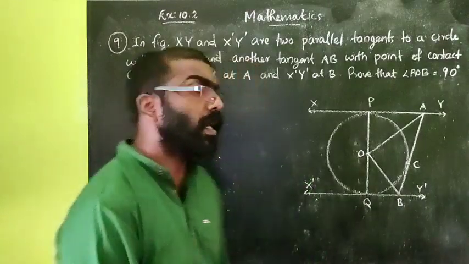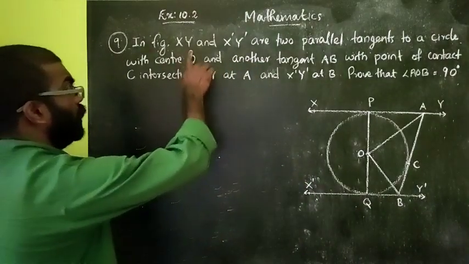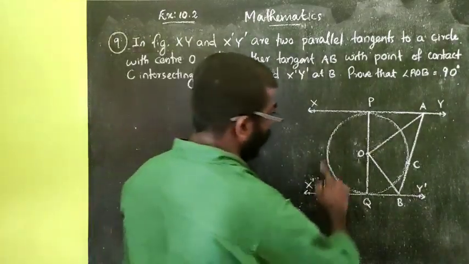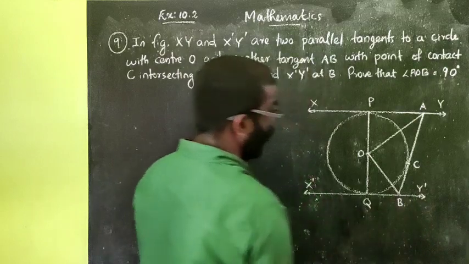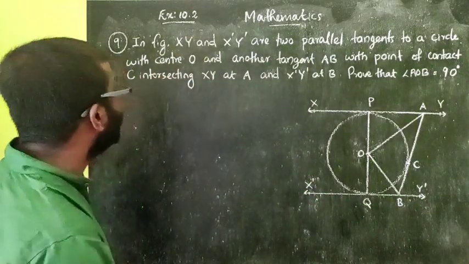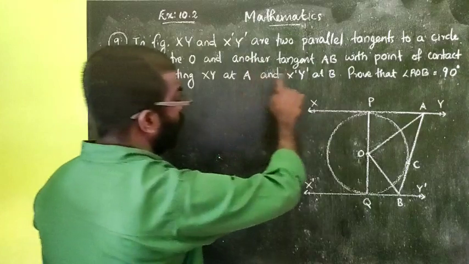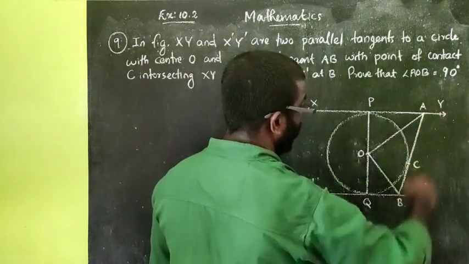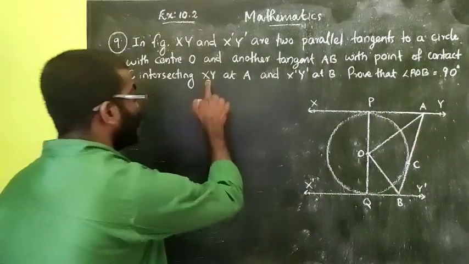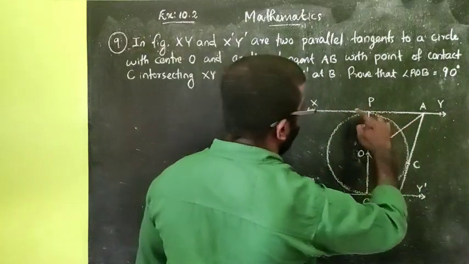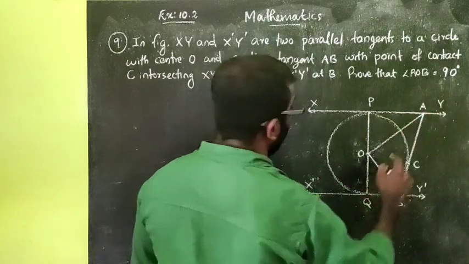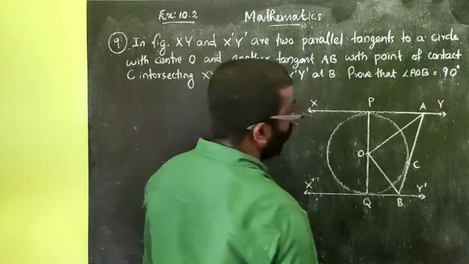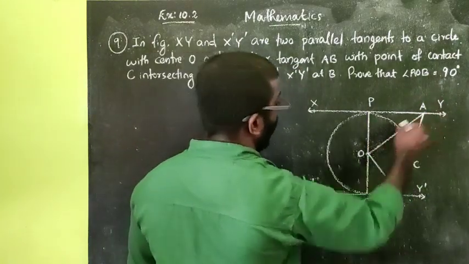Now we shall discuss question number 9. In the figure, XY and X dash Y dash are two parallel tangents to a circle with center O, and another tangent AB with point of contact C intersects XY at A and X dash Y dash at the point B. Prove that angle AOB is equal to 90 degrees.